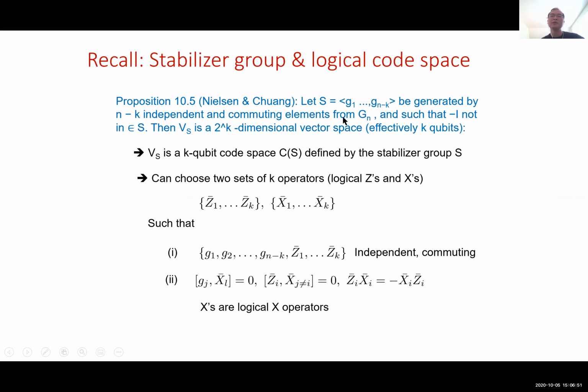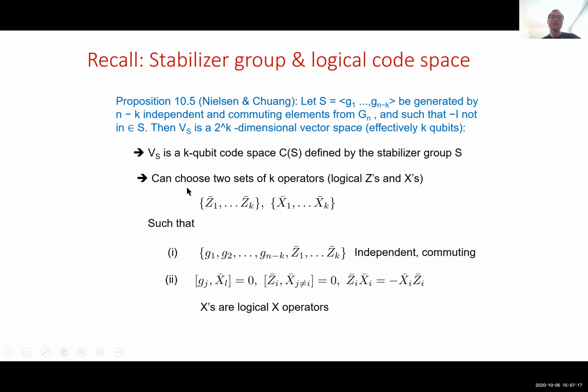If you have n qubits, these are independent constraints. Each stabilizer generator provides one constraint. You have n qubits minus the n minus k constraints, so you're left with a 2 to the k dimensional vector space, which is effectively a k qubit subspace.